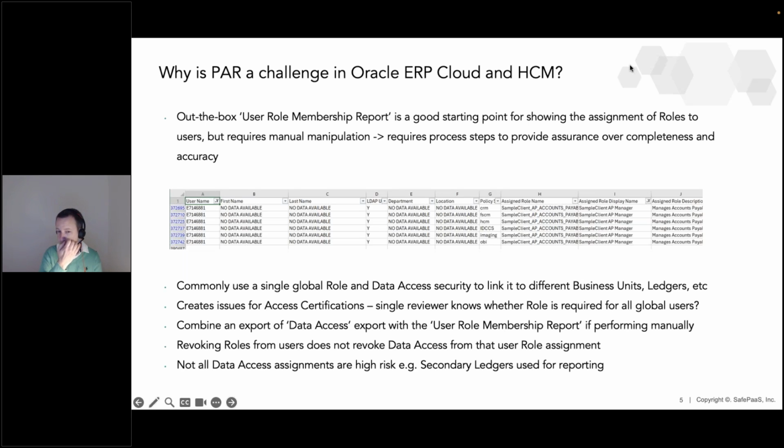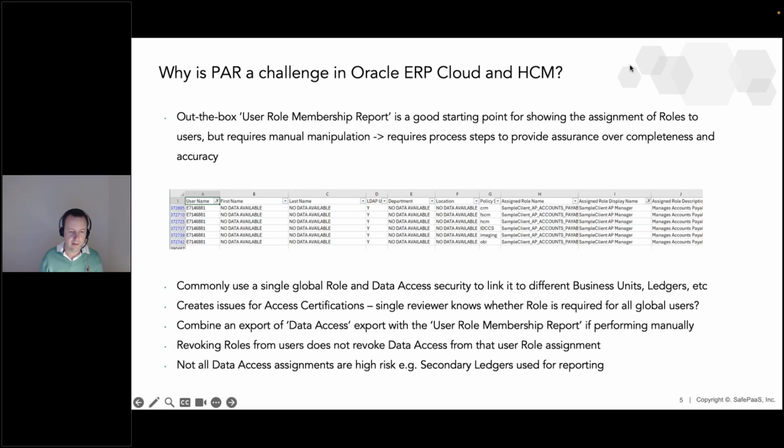In itself, the secondary ledger is not necessarily going to be high risk. I might have access to view the information, but I'm not going to put an AP invoice directly into my secondary ledger, for example. So I wouldn't necessarily worry about having to sign off all of those data access assignments.